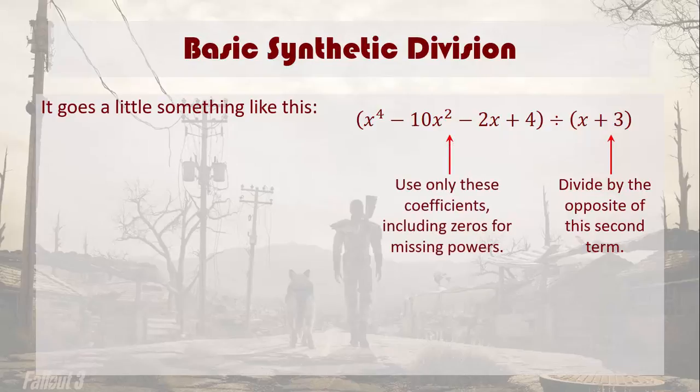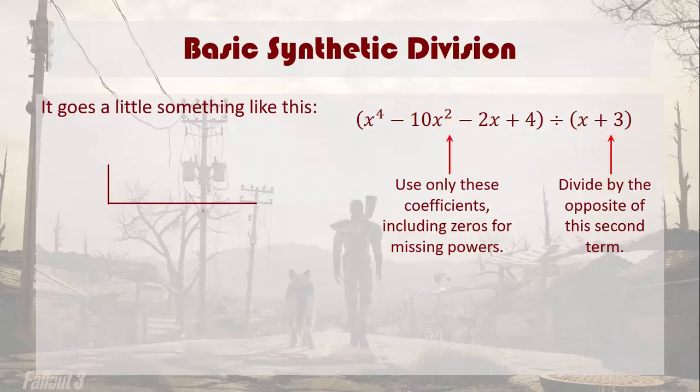Also, you're only going to use the coefficients of all the terms of the dividend. And if there are any missing terms, like in this case, we're missing x to the third, put a 0 in for that. You have to.